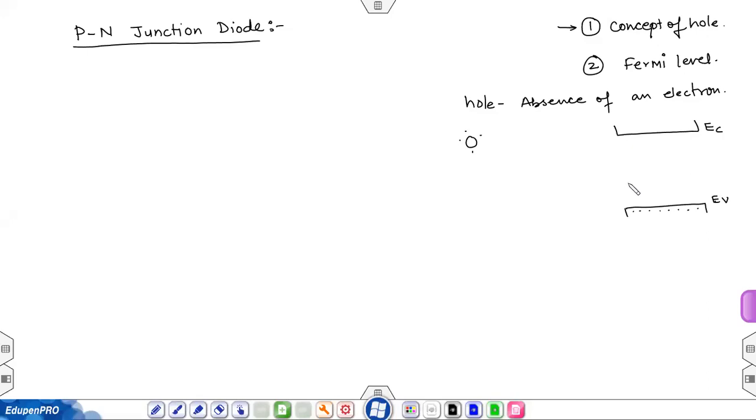Now if an electron jumps from the valence band to the conduction band, this electron is free to move anywhere in the crystal, and it takes part in conduction. Since there is one empty place here, there is now a scope of movement of electrons in the valence band also.